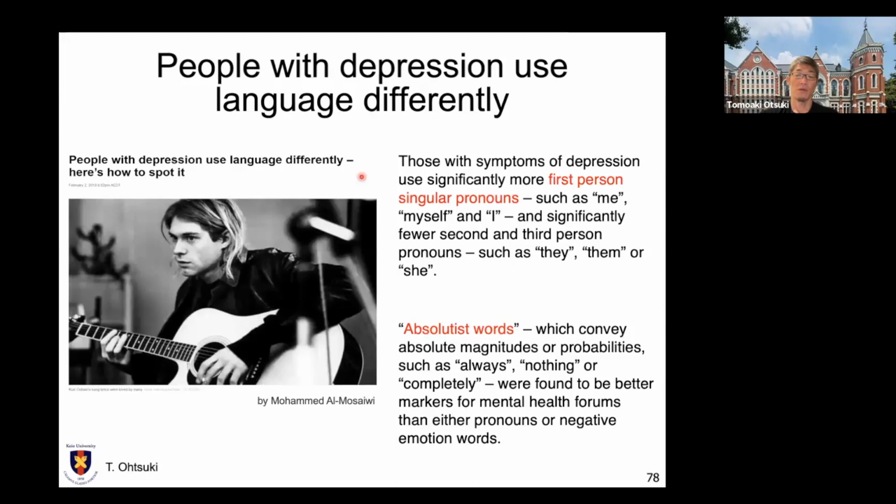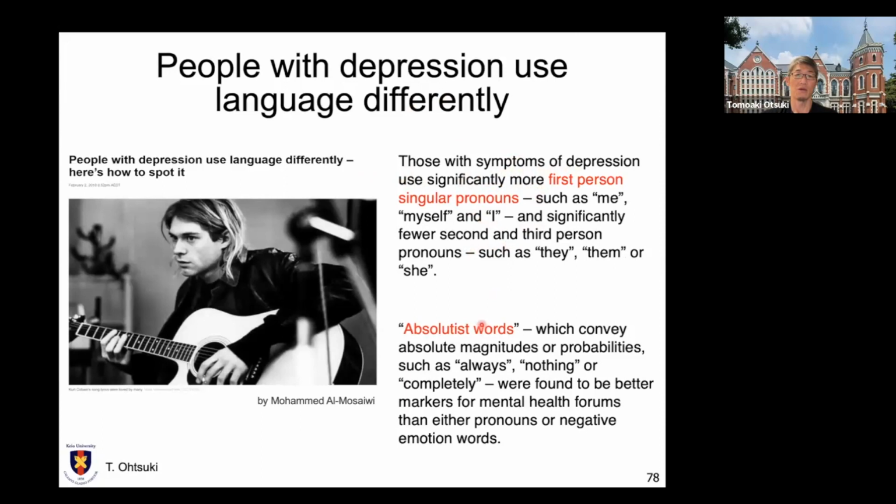One interesting article: we know that people with depression use language differently. For example, let's see here. Those with symptoms of depression use significantly more first-person singular pronouns, such as me, myself, and I, and significantly fewer second and third-person pronouns, such as they, them, or she.